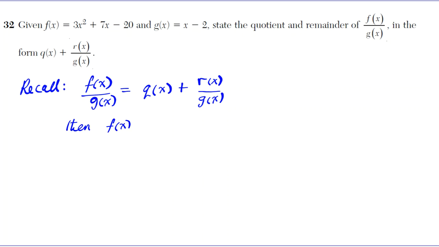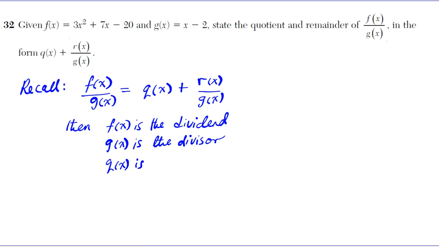F of x is the dividend expression. G of x is the divisor. That's what you're dividing by. That's the divisor expression. Q of x is the quotient. And then we have r of x. You might have guessed what it is. R of x is the remainder term or expression. And we already have g of x as the divisor again.